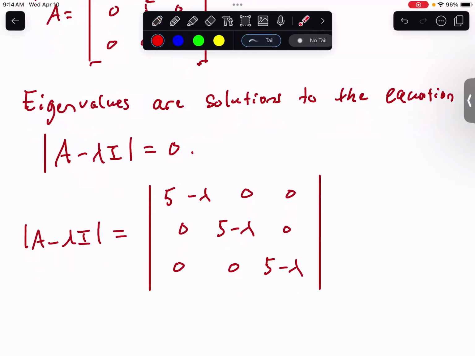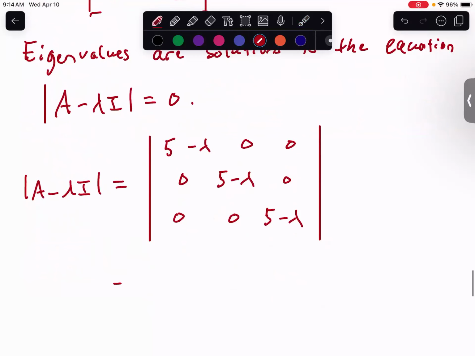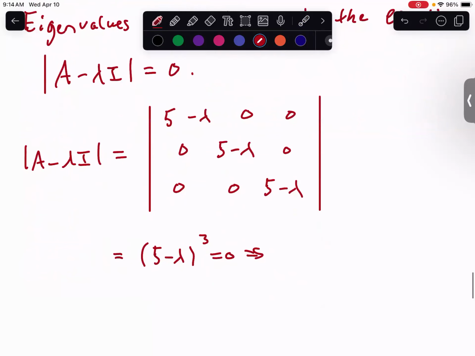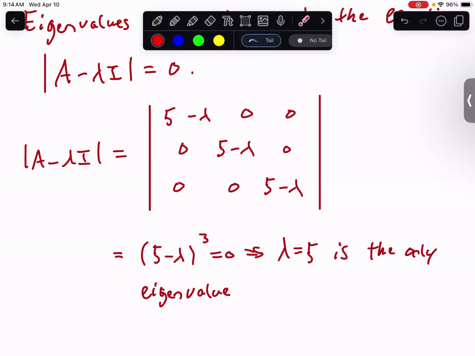And because it's an upper triangular form, in fact, it's diagonal, the determinant of this matrix is just going to be 5 minus lambda times 5 minus lambda times 5 minus lambda. So this is going to be equal to 5 minus lambda cubed. And if we set this equal to 0, this will imply that lambda is equal to 5 is our only eigenvalue, the only solution to this equation that we have from taking the determinant.